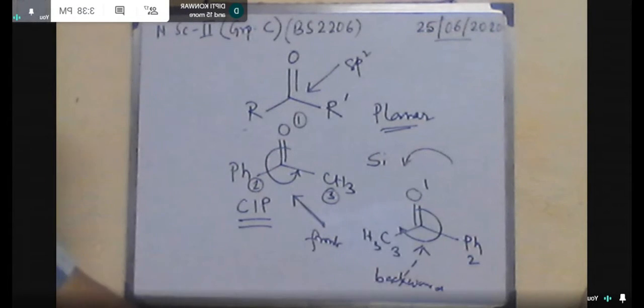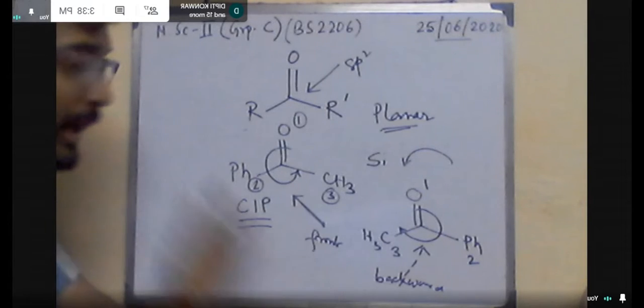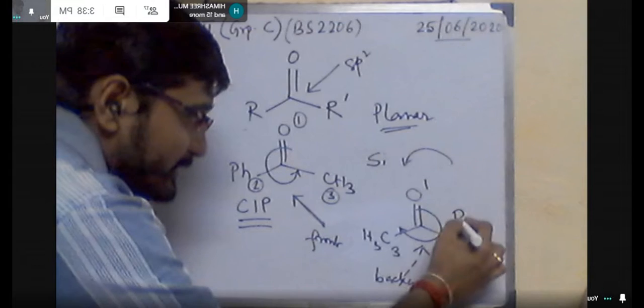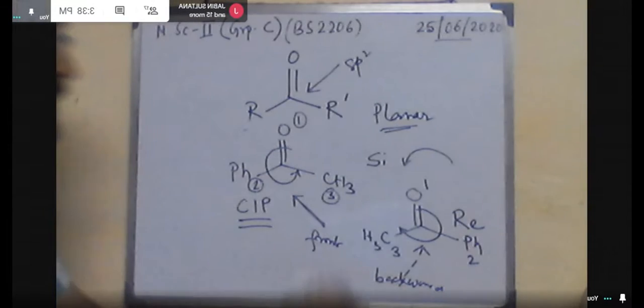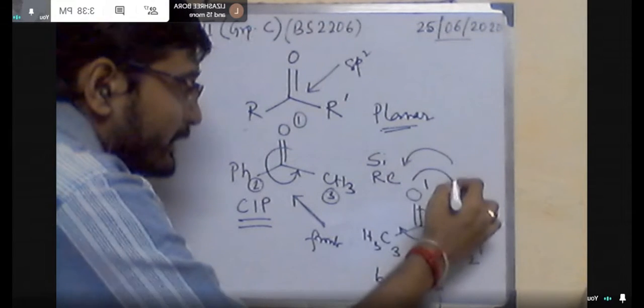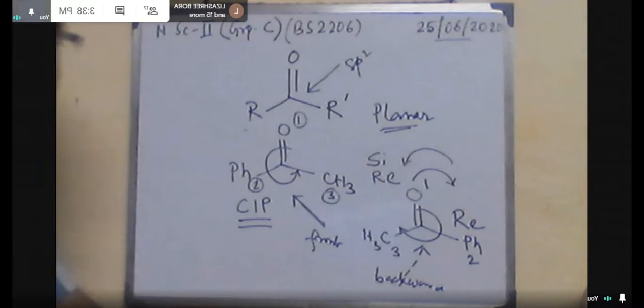That means if the rotation of the substituents in the face is clockwise, it is designated as Re, and if it is anti-clockwise, it is designated as Si. Simply put, for a center of chirality, if it is clockwise rotation we consider R, and anti-clockwise we consider S. But as it is with respect to the plane, the designation will be Si or Re.